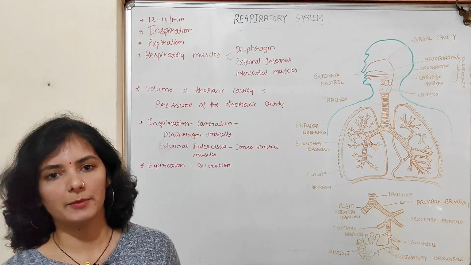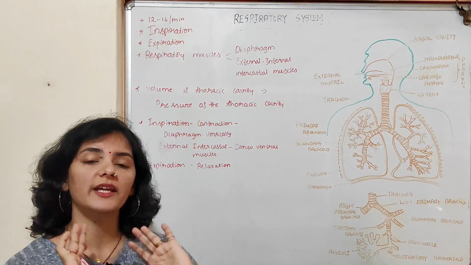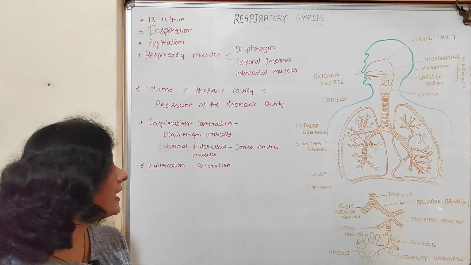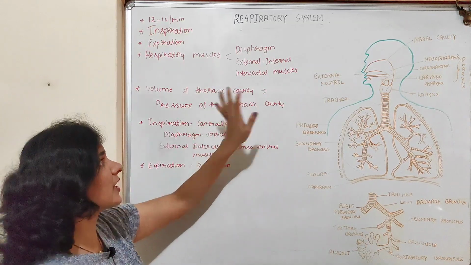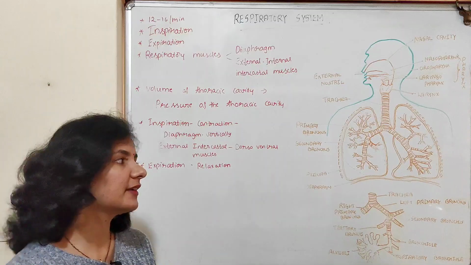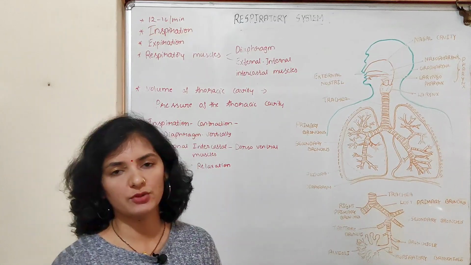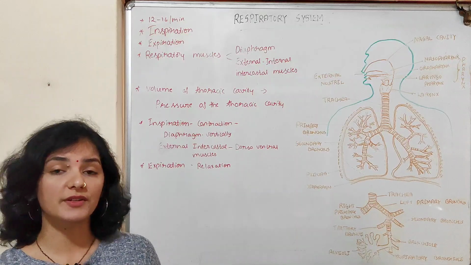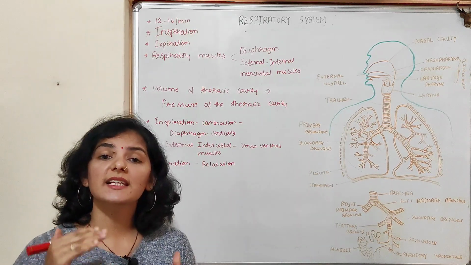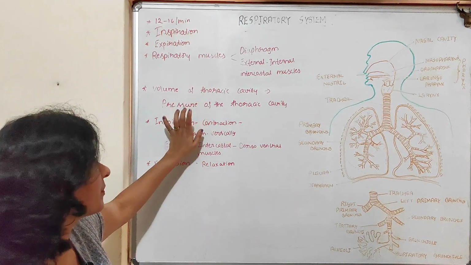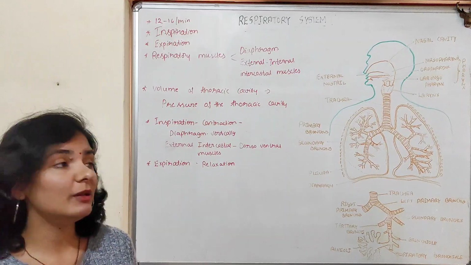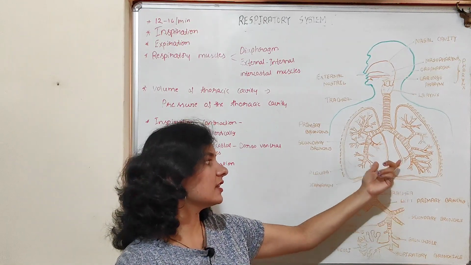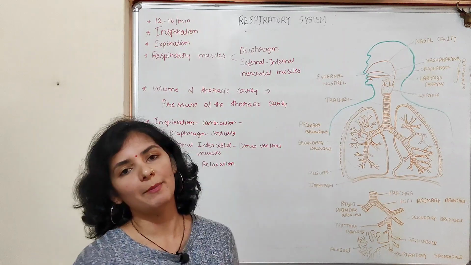It is directly proportional, and it is because of the airtight nature of the thoracic cavity. So if there is any change in the volume of the thoracic cavity, it will be reflected in the volume of the pulmonary cavity or lung cavity. When there is an increase or decrease in the volume or pressure of the thoracic cavity, there will be an increase or decrease in the pressure or volume of the pulmonary cavity too.